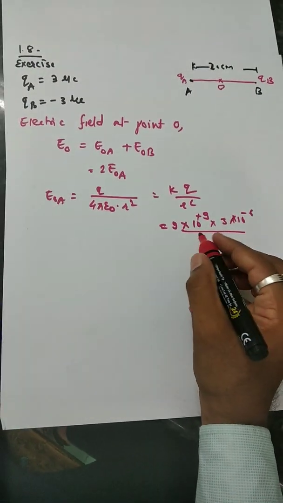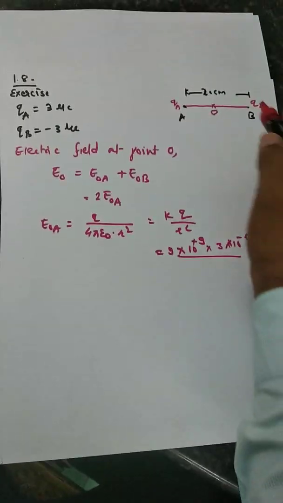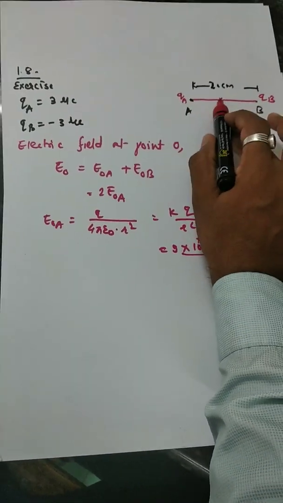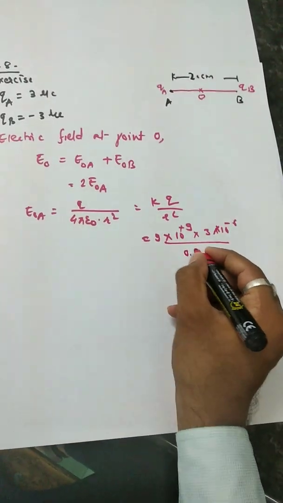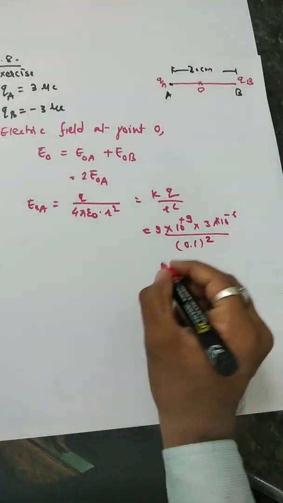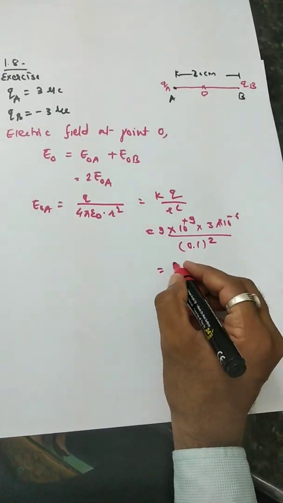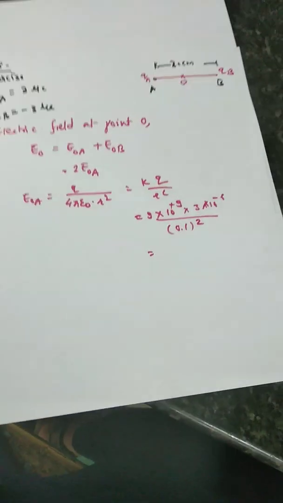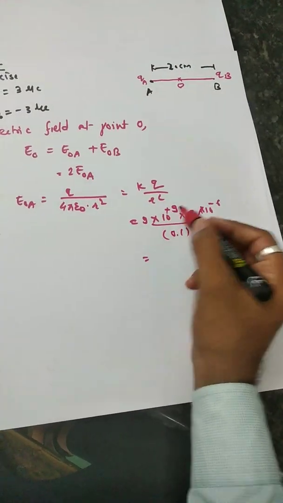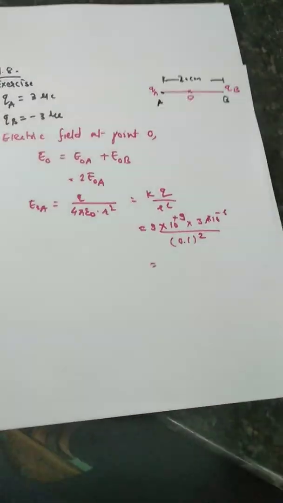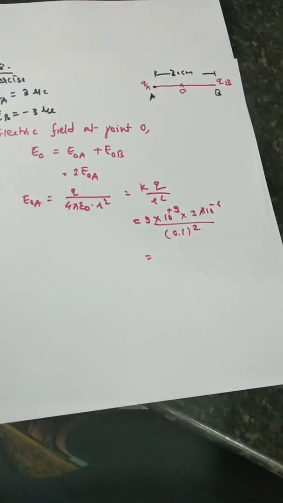R is the radial distance, that is 10 centimeter, which means 0.1 meter, so 0.1 square. So the value will be 9 into 10 raised to 9 into 3 into 10 raised to minus 6 upon 0.1 square.